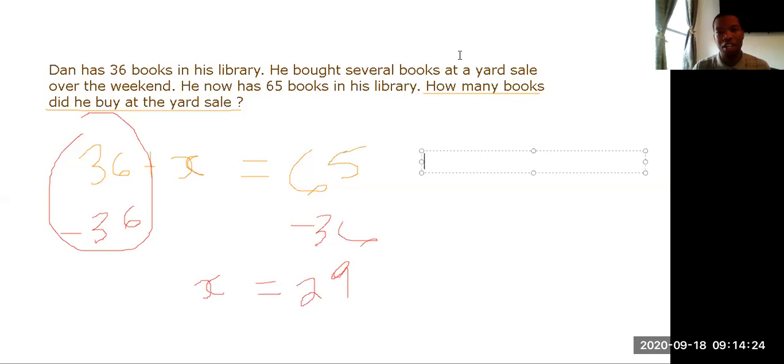It's one solution, because it says X equal to a definite number. One solution.